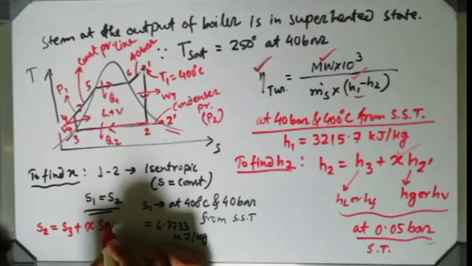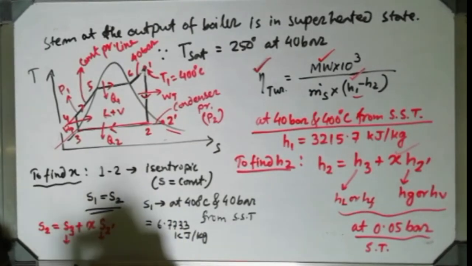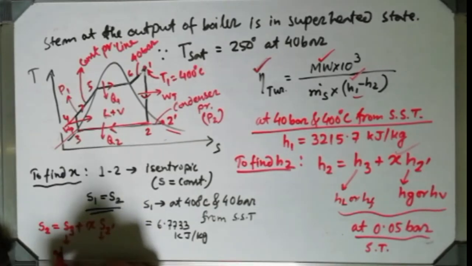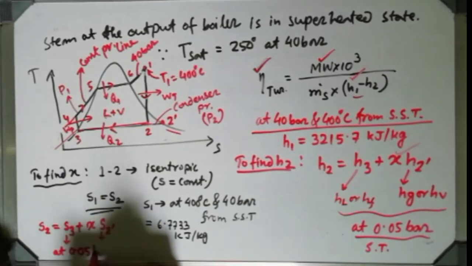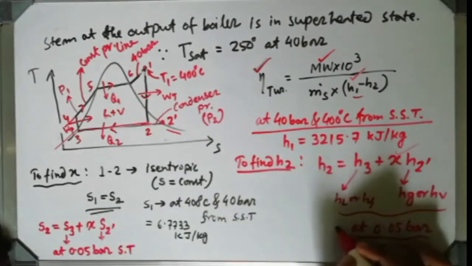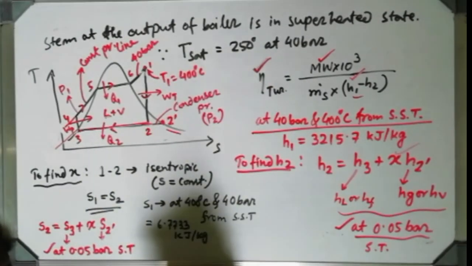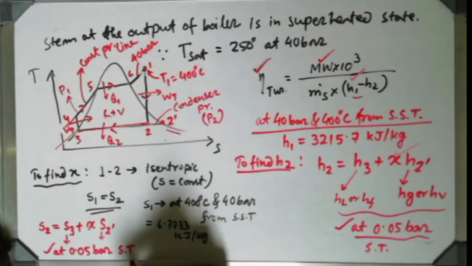Now this S2 prime, or rather this S3, they are very easily available from the steam table at 0.05 bar, from the saturated steam table, the same condition, because both of them are at the same pressure. So again, find the saturated steam table.